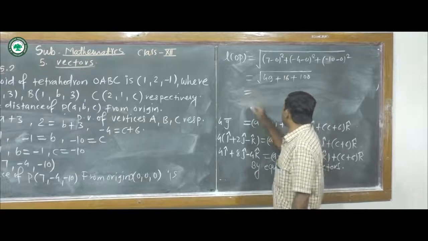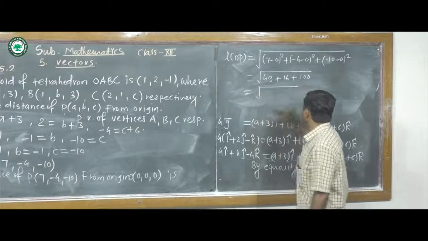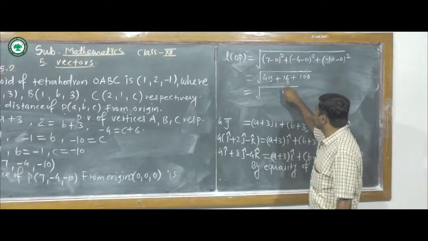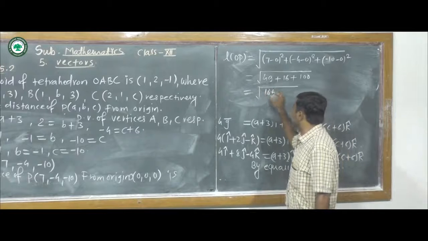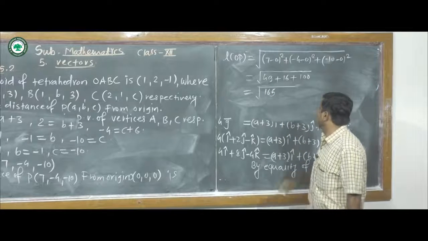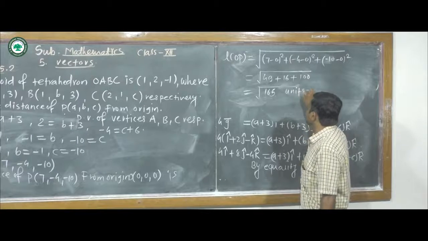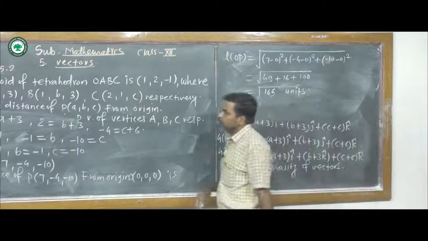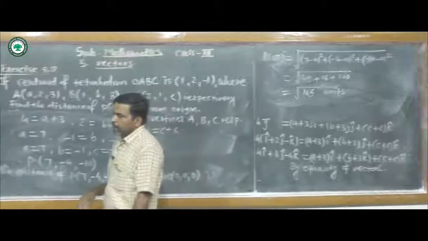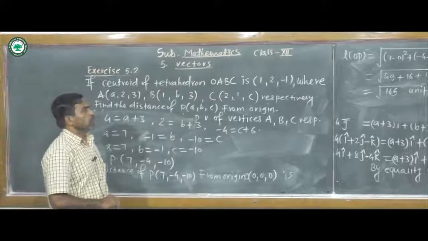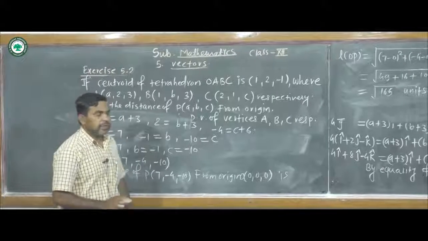So it is equal to square root of 165 units. So this is the distance of the point P from origin O. Today we will stop it here.